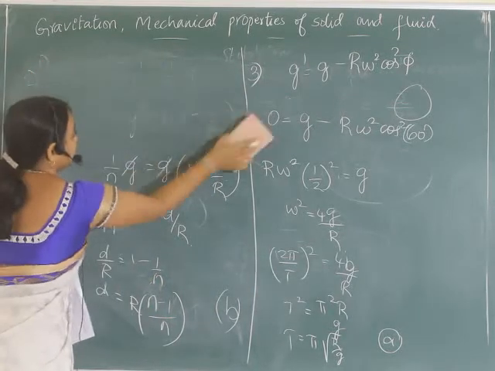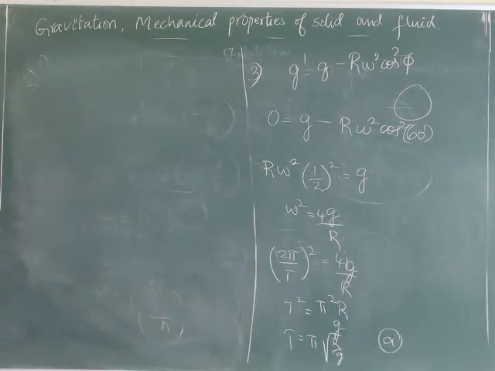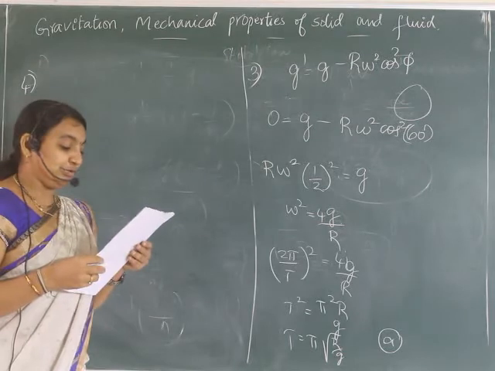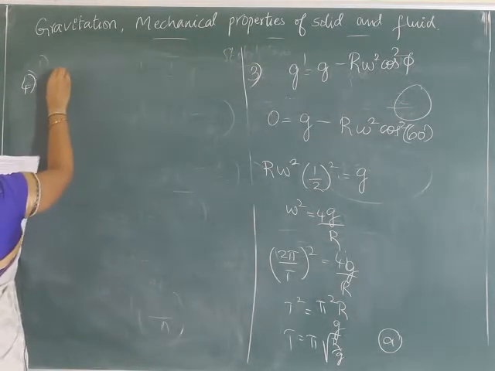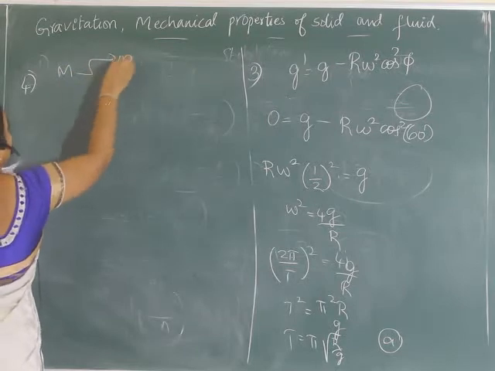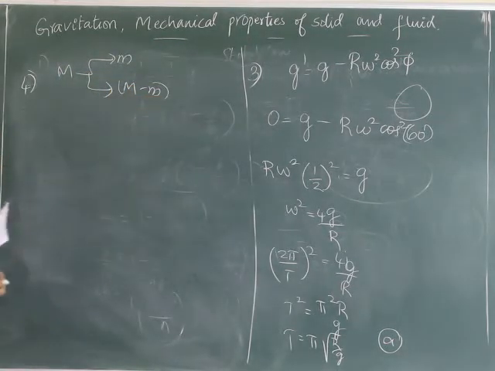Okay, next one. Let us go for the next problem. A mass M splits into two parts, m and M minus m, which are separated by a certain distance.